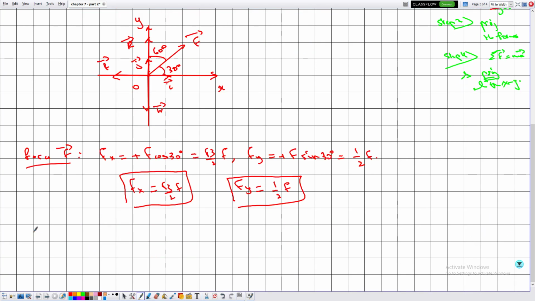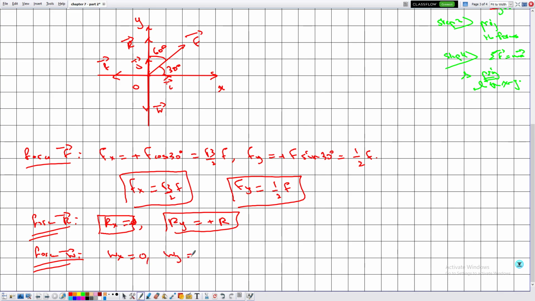Now as for the reaction at the support, which is the force R, it's completely parallel to the y-axis, so Rx is 0 and Ry is equal to plus R. Now the force W: Wx is completely 0 because W is parallel to the y-axis, and Wy is given by minus W because it's pointing in the negative direction of the y-axis.